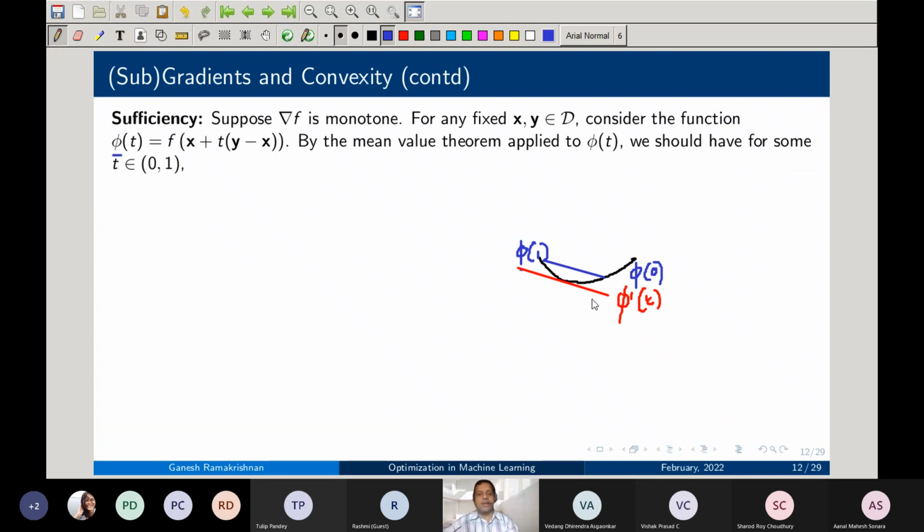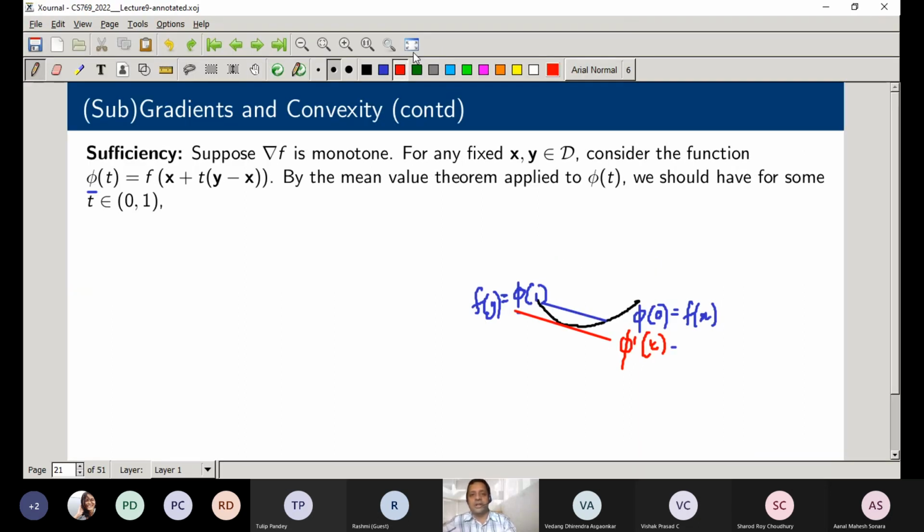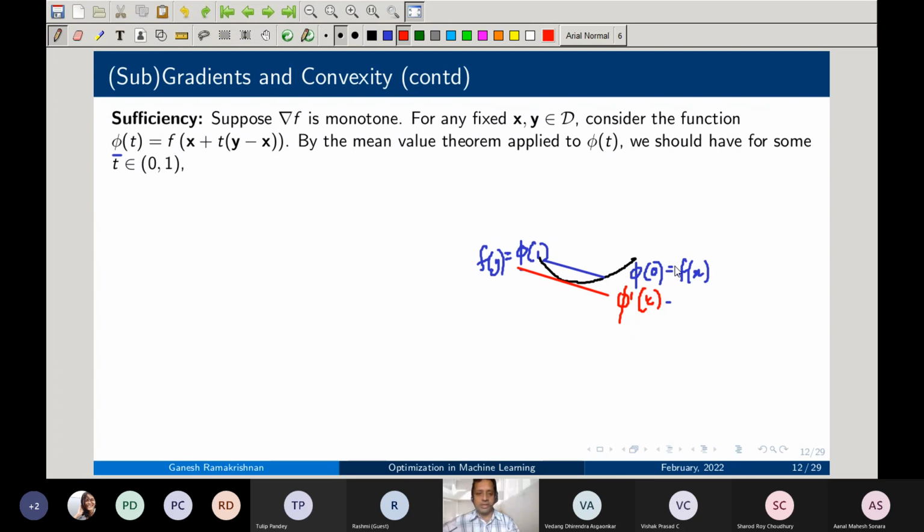It was basically showing my mean value theorem, that phi 0 is f(x), phi 1 is f(y), and phi 1 minus phi 0 is just phi dash t. By the mean value theorem, there will exist such a phi dash t, which will just turn out to be the dot product.